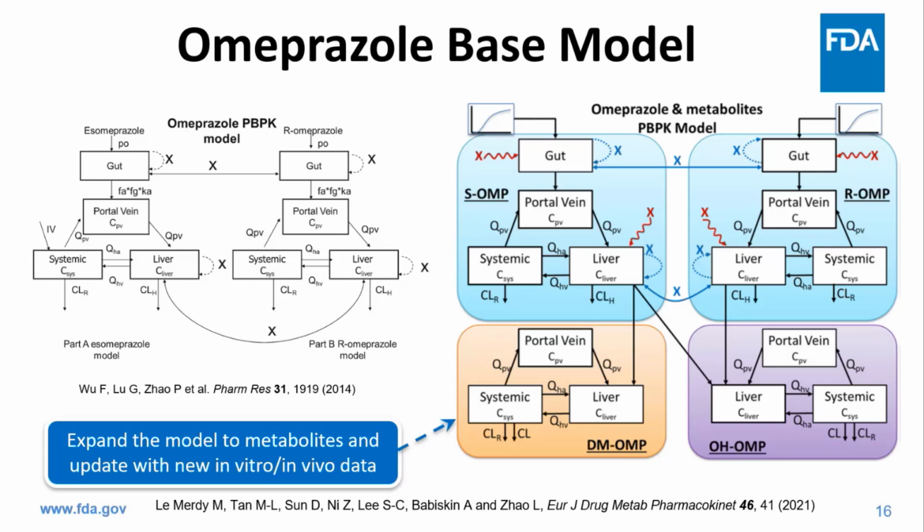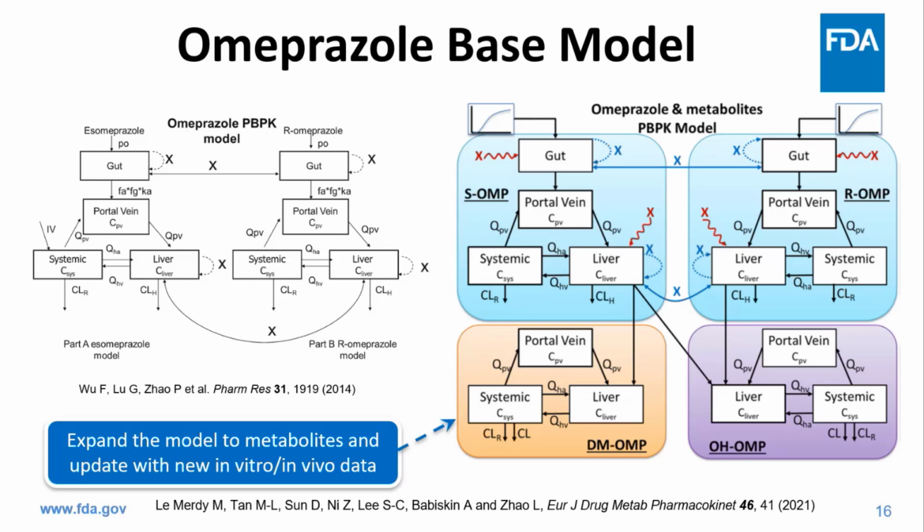So recently, this model was expanded to include major active metabolites, hydroxy omeprazole and desmethyl omeprazole, and also updated with the new in vitro and in vivo data available to the model.